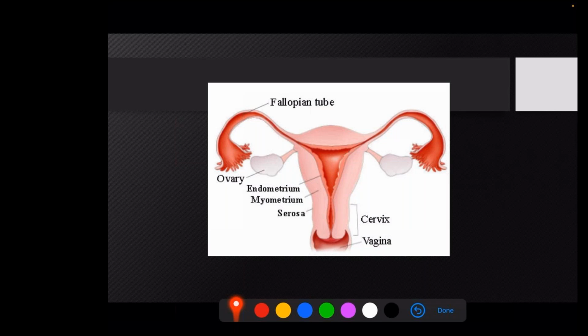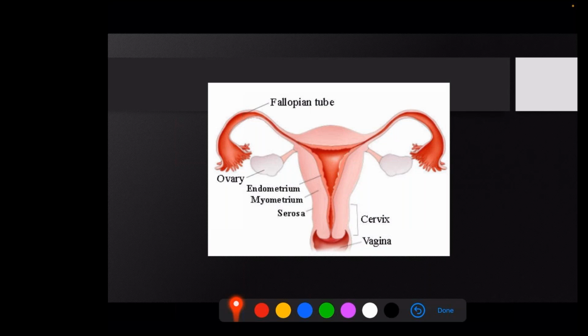You see, endometrium, I think you know all these things. Endometrium consists of lamina propria or the stroma and the surface epithelium. And it is very sensitive to estrogen and progesterone. The surface epithelium is a single layer of ciliated columnar epithelium.